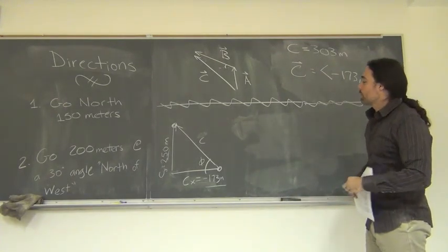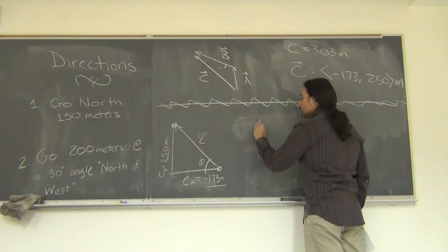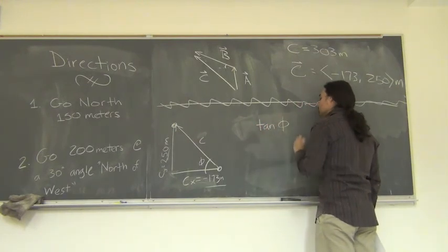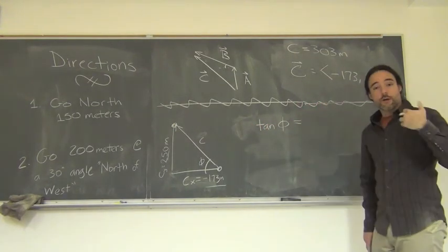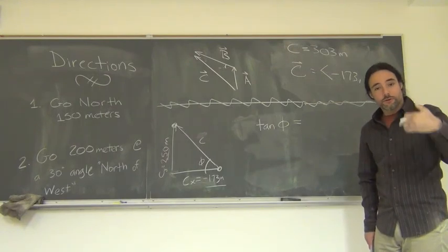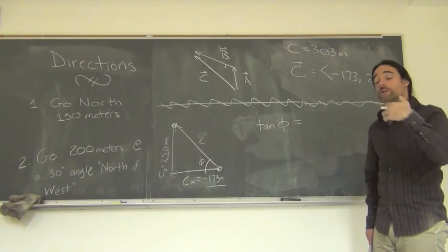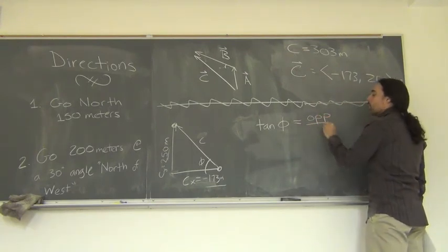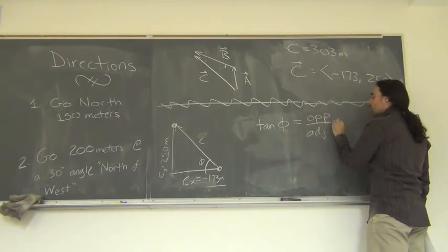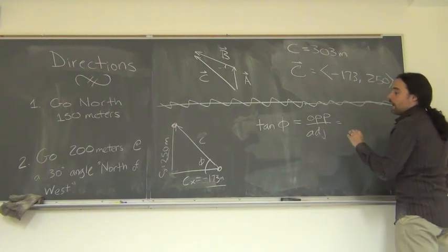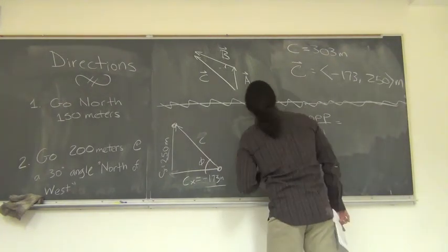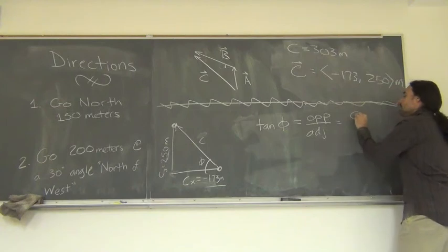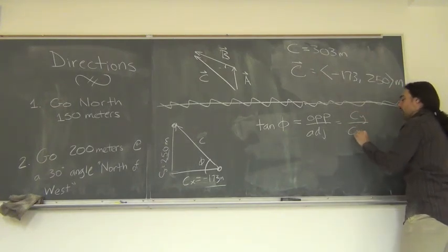So remember that the tangent of an angle, by SOHCAHTOA, tangent for TOA, TOA would give you the opposite over the adjacent side, or equivalently, the opposite side of this angle is the CY. The adjacent side is the CX.